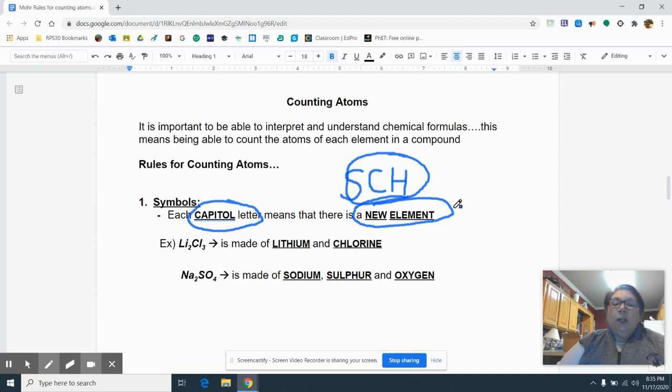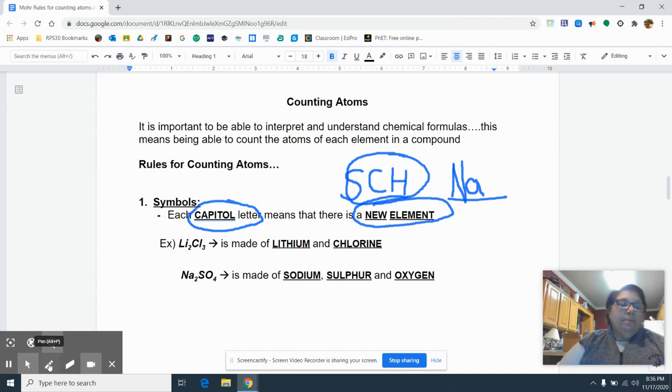If there is a lowercase, such as Na, and it's a lowercase a, like that. The a goes with the N. That is one element. Okay, I hope that makes sense to you guys. So in this, you've got Li, so you've got lithium, Cl, and this is really important, guys.